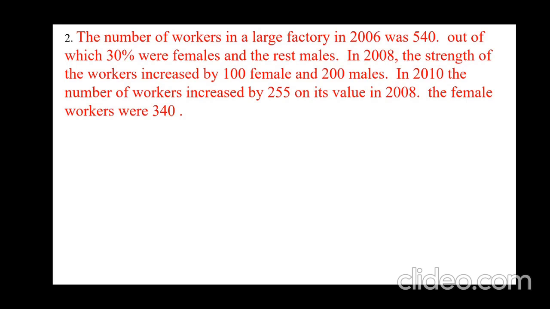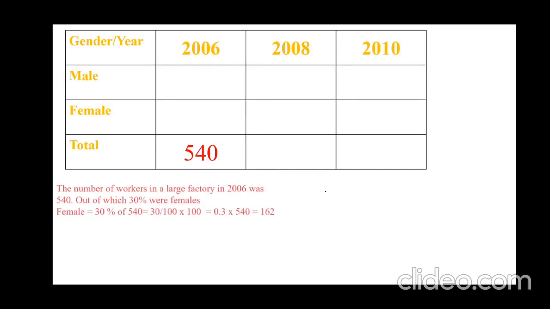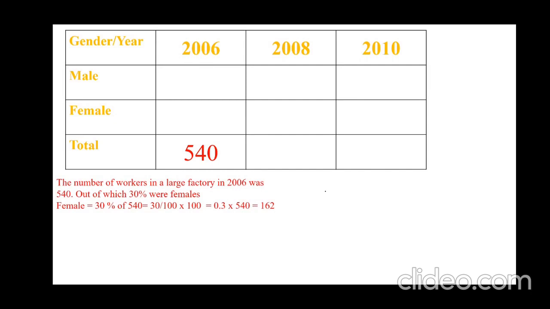So with this information, how do you make a table? Look at that: 2006, 540. The total in the large factory is 540. First information: 30% of the total is females. Females 30%. 540 of 30% is how much? 162. We put this 162.